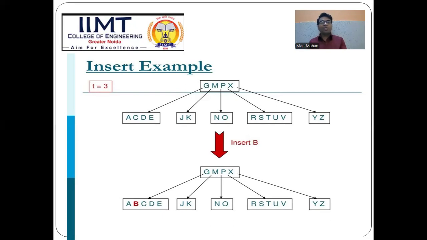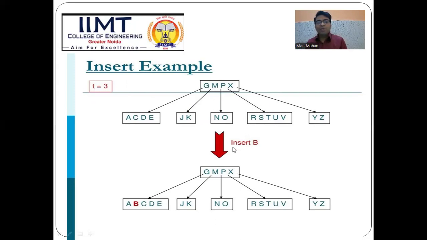So we take a particular example with alphabets. Now we can see the values here. Insert G, M, P, X. These are in the root node, which contains four values, and the order is three. Here t is three, and the maximum number of children is 2t, and the number of key values is 2t minus 1.